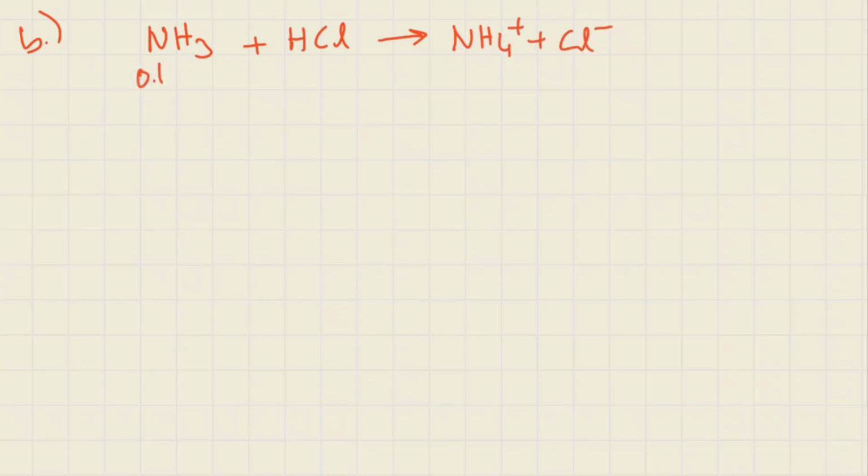So we have a reaction. So we have 0.1 times 25, 2.5 millimole ammonia, and we have 2.5 millimole of HCl.